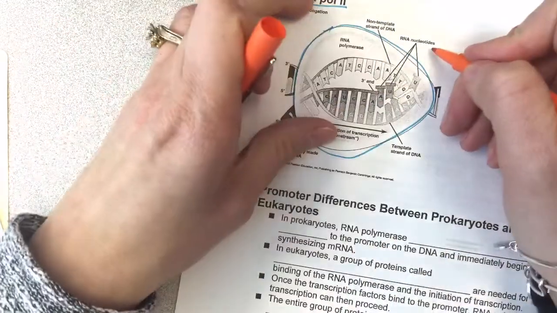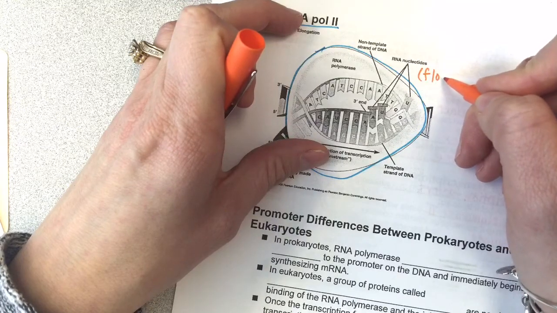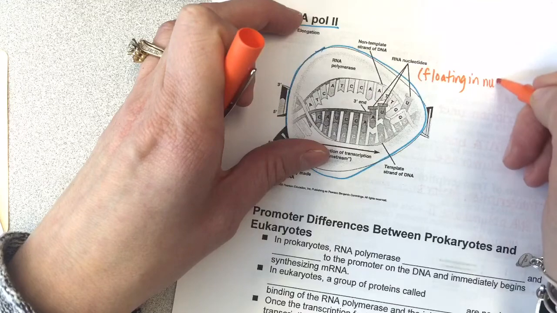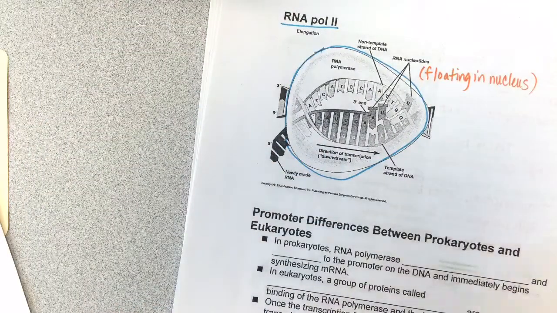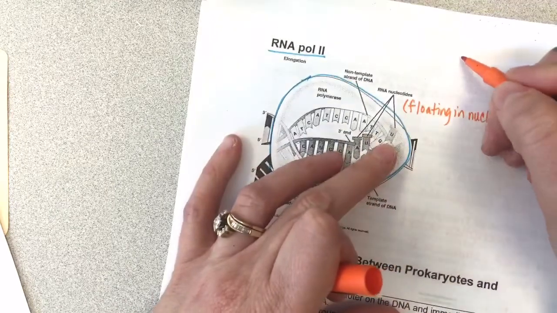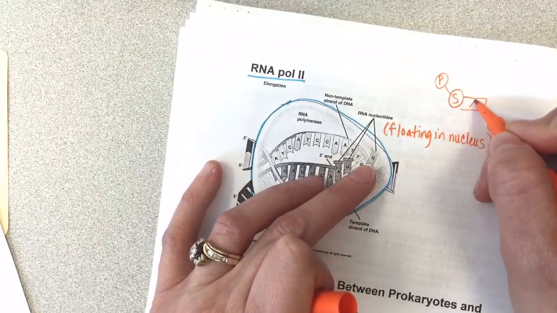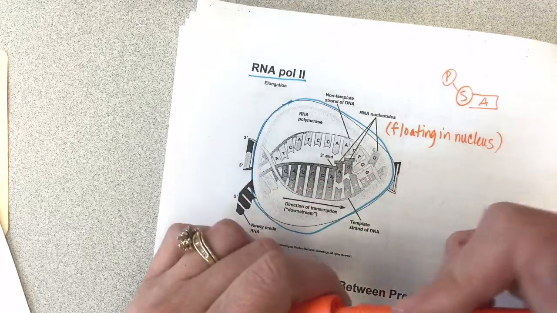These nucleotides are floating around in the nucleus, which is where mRNA is made. What is a nucleotide? The phosphate, the sugar, and then the base, and remember we have A's, U's used for RNA, and C's and G's.